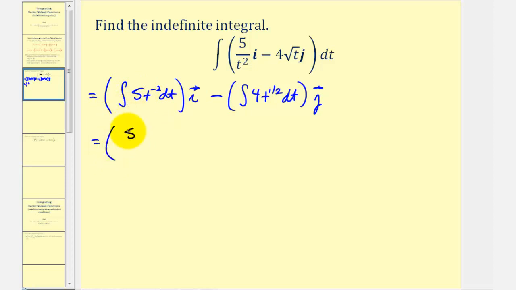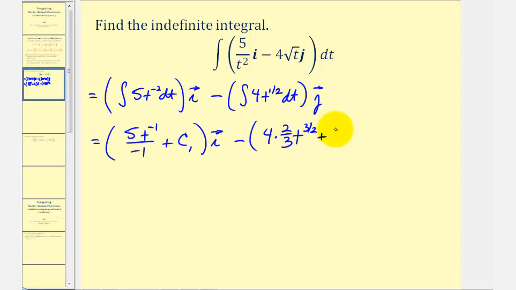So we'll have 5 times t to the power of negative 2 plus 1 is negative 1, divided by negative 1, plus a constant of integration, which we'll call c sub 1, times i, minus 4 times t to the power of 1/2 plus 1, that's t to the 3/2, divided by 3/2, which is the same as multiplying by the reciprocal, or multiplying by 2/3, plus c sub 2 times j.